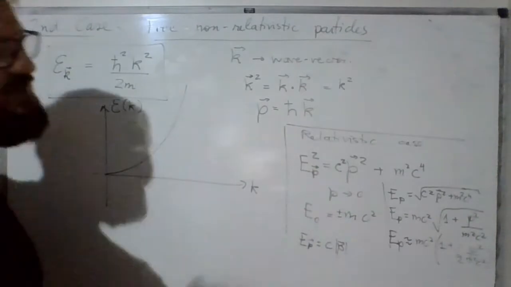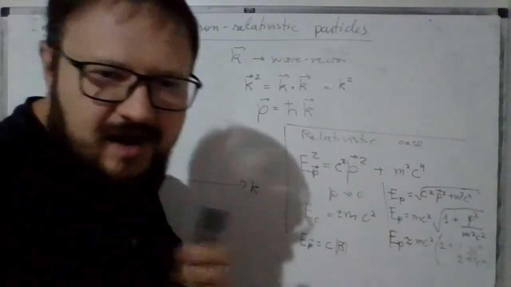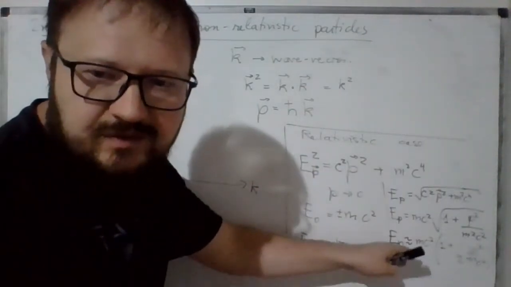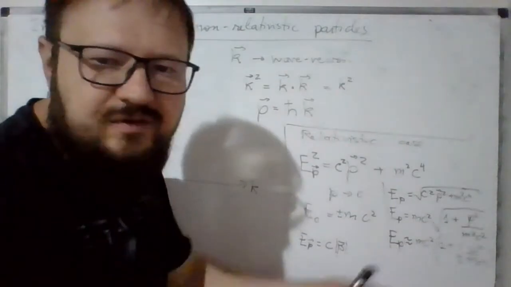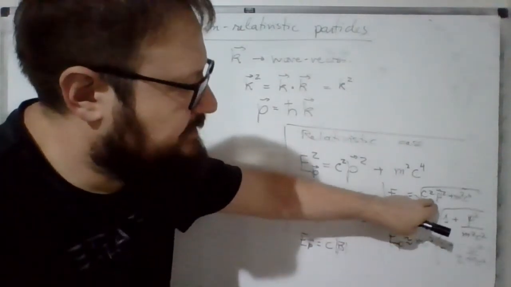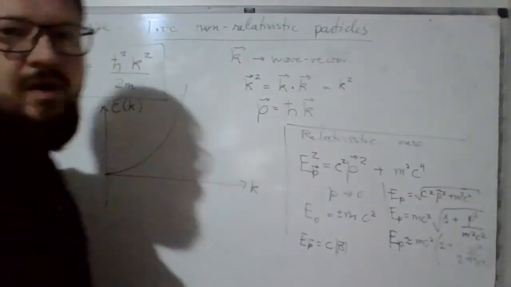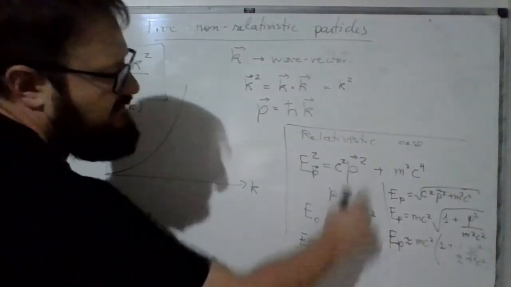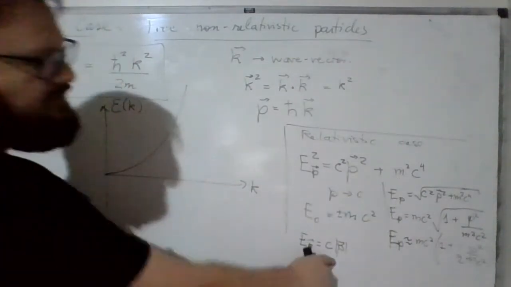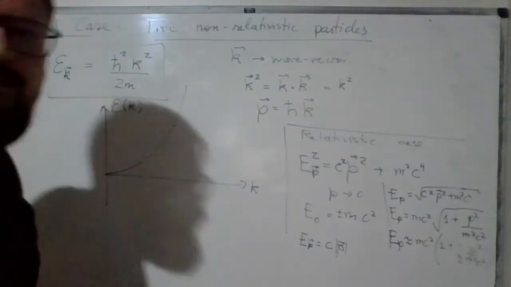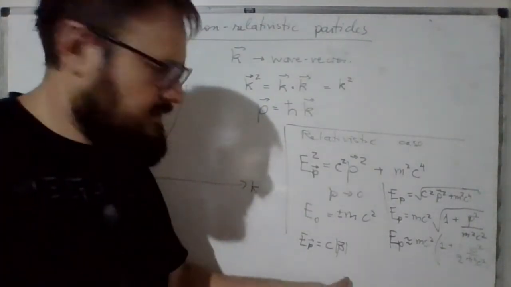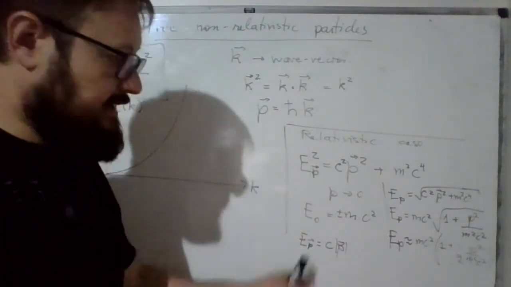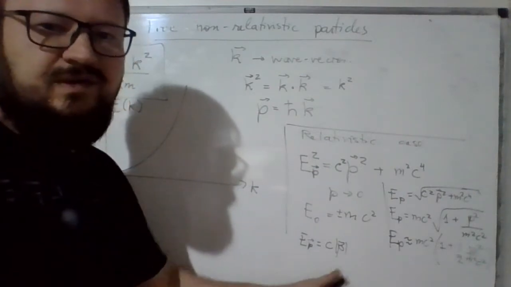You have mass, but the energy corresponding to the rest mass is very large with respect to the kinetic term, or you have a massless particle, and in this case you need to use a relativistic relation between energy and momentum.